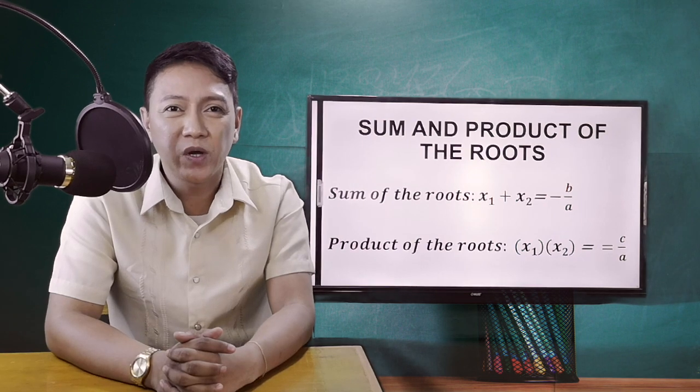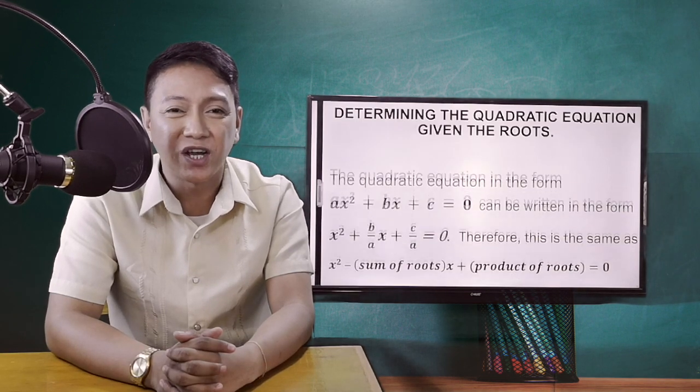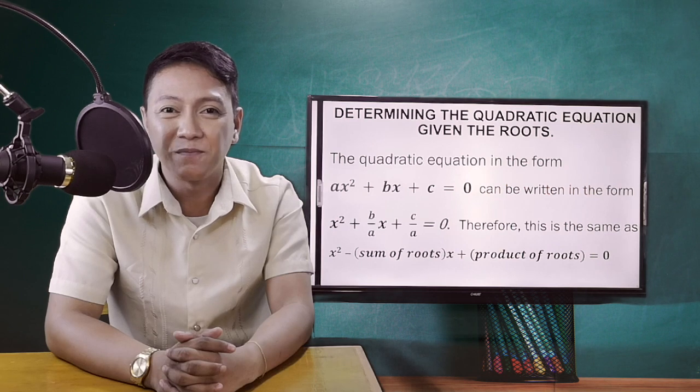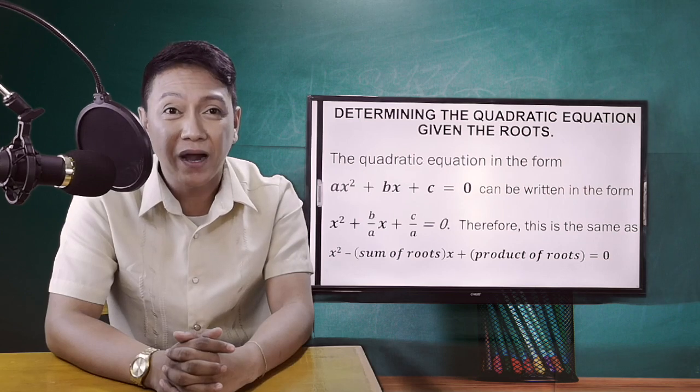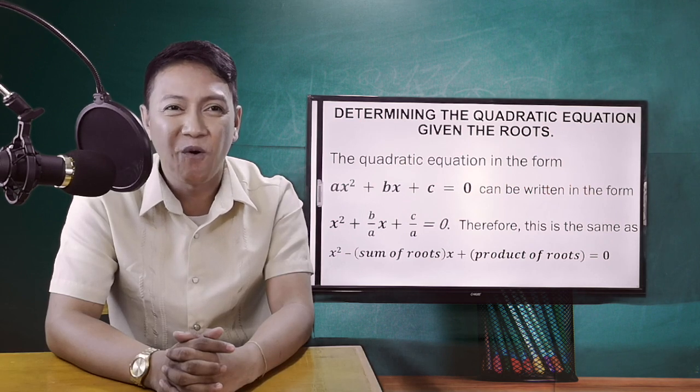It can also be recalled that the quadratic equation in the form ax squared plus bx plus c is equal to 0 can be written in the form x squared plus b over a x plus c over a is equal to 0. Therefore, this is the same as x squared minus sum of roots x plus product of roots is equal to 0.